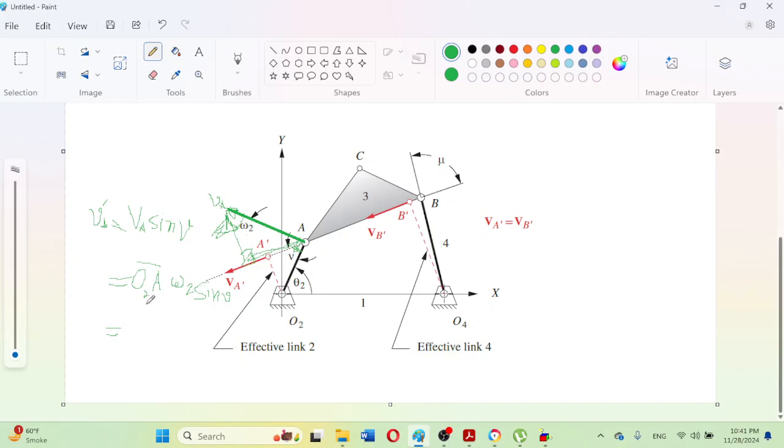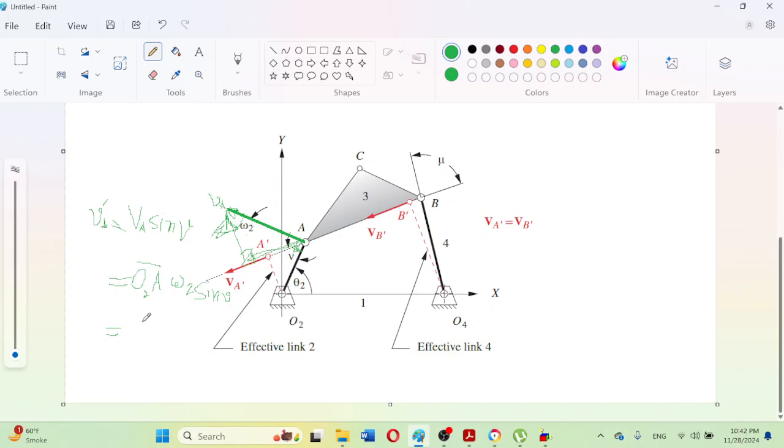Again, if we write O2A in terms of the effective link, we can observe that O2A is the hypotenuse of this triangle O2A dash.